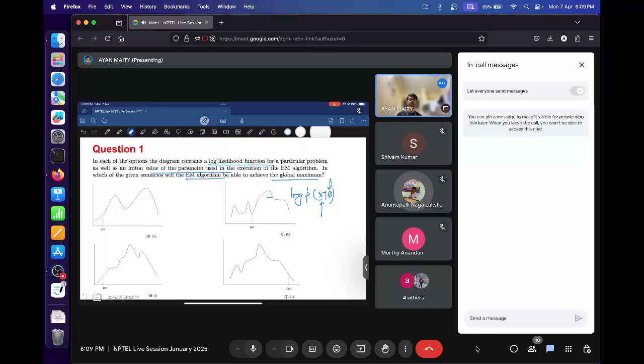The expectation maximization algorithm works in such a way that it might get stuck at local maximum points, and it might not be able to get out of those local maximum points and reach the global maximum. That is one of the drawbacks of the EM algorithm.